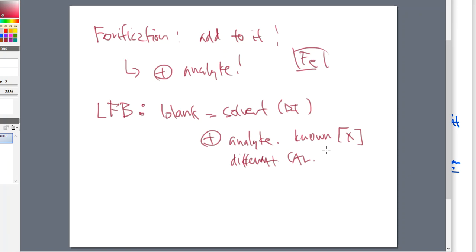So the blank or the solvent, and I add a little bit of known stuff that I'm trying to measure into it. I know what that result should be, and I'll run it, and that is what should show up on the report. All right. So if I compare this to just the blank, the blank is just the solvent. That maybe is just DI water. Both of these get processed the same way.